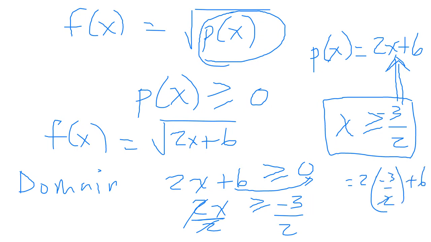Now 2 will cancel 2, right? So what do I have? I have negative 3 plus 6, which gives me positive 3. Okay? So that is how you should think about it in calculating the domain of the function.